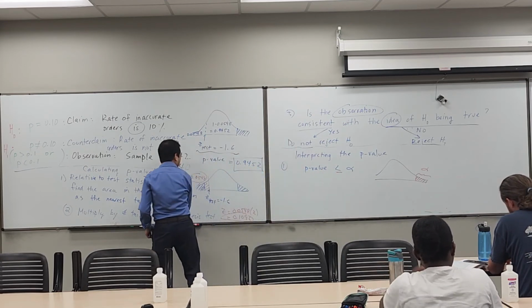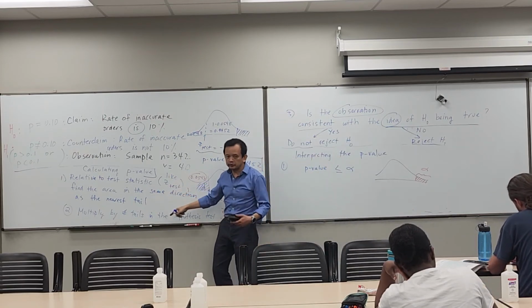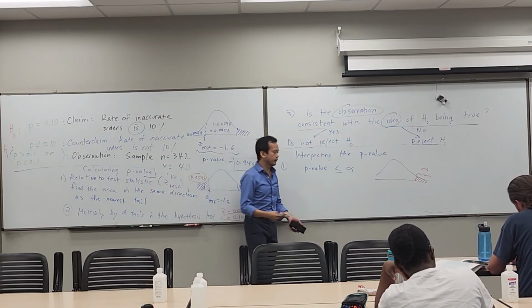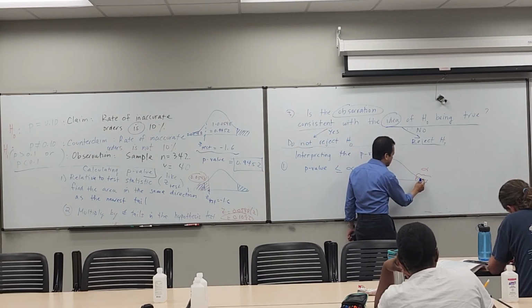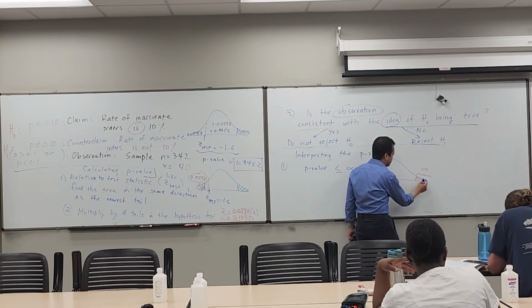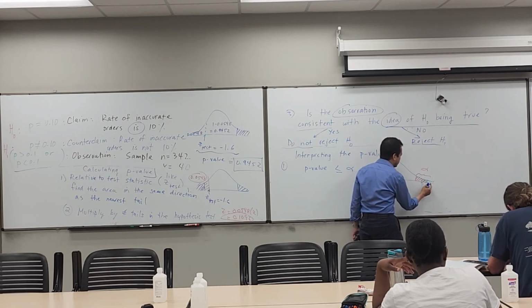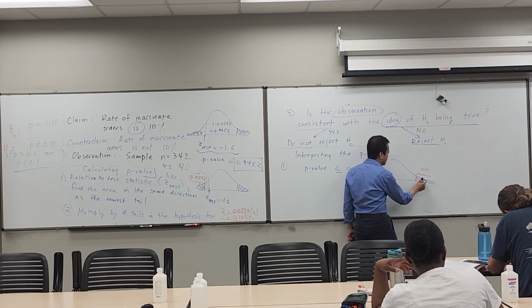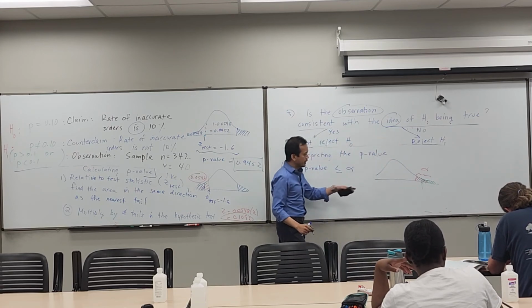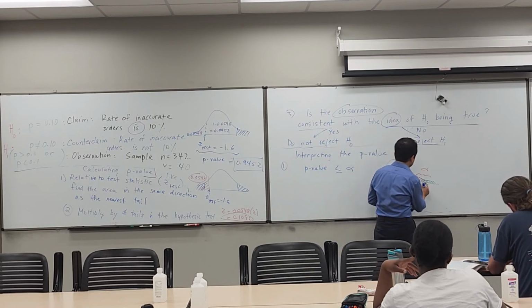And remember the p-value is a function of the area in the same direction as the nearest tail. So let's say that the observation had been here, and so the p-value is here. So the p-value is the area that overlaps the nearest tail. And in this case, that area will be less than alpha.